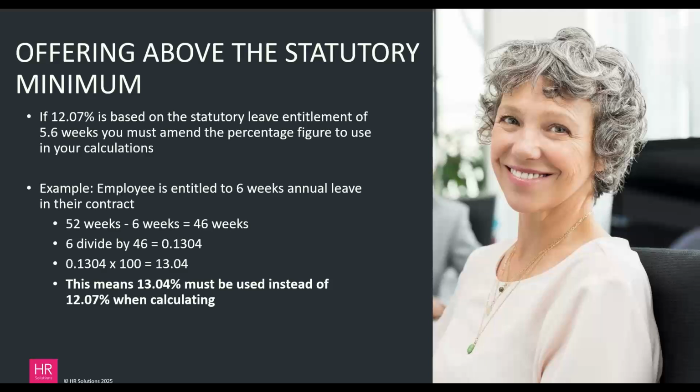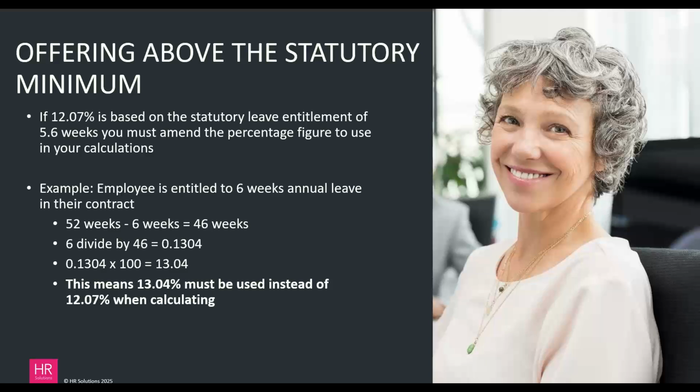So in here you can see that you take 6 weeks from your 52 weeks in a year. So you have in your organisation 46 available working weeks. 6 divided by the 46 gives you the 0.13, but to get it back to a percentage, times it by 100.